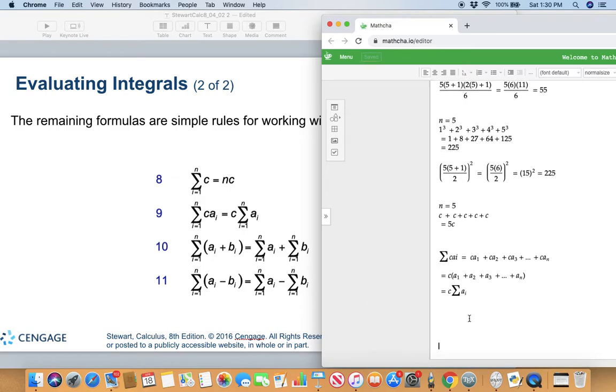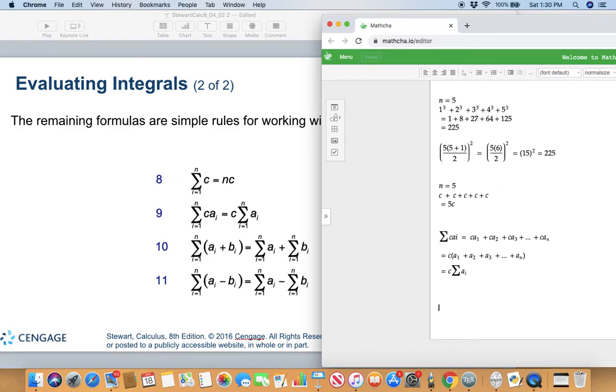Just use some examples. Say n equals, I don't know, my favorite number 5. What does this mean? Well, when i is 1, I get a1 plus b sub 1.